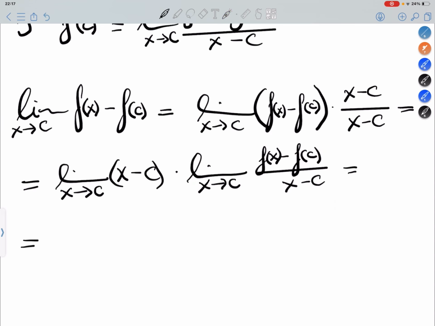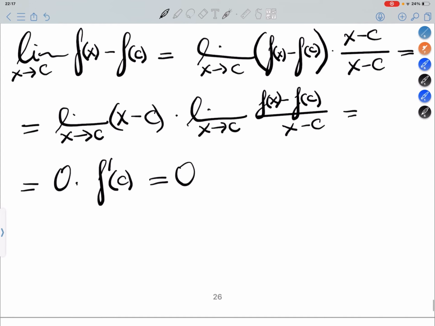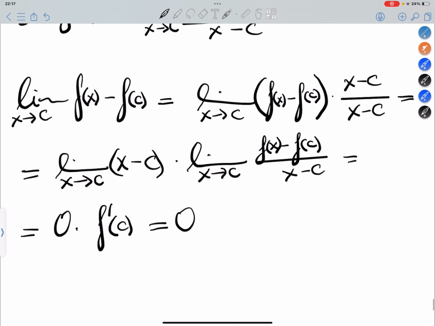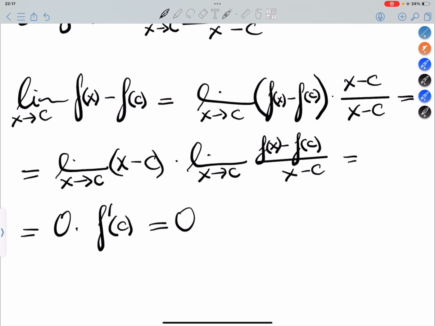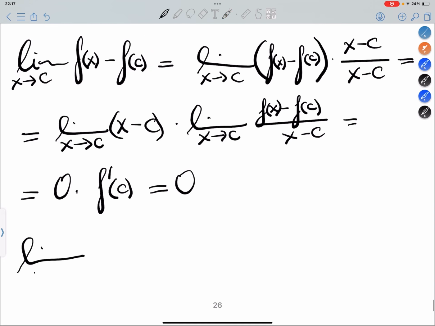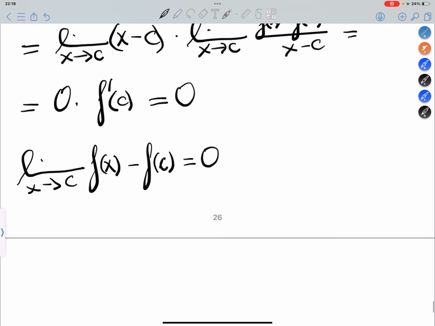So this is equal to 0 times f prime of c, which is 0, right? So let's write it down. The limit as x tends to c of f of x minus f of c is equal to 0, right?